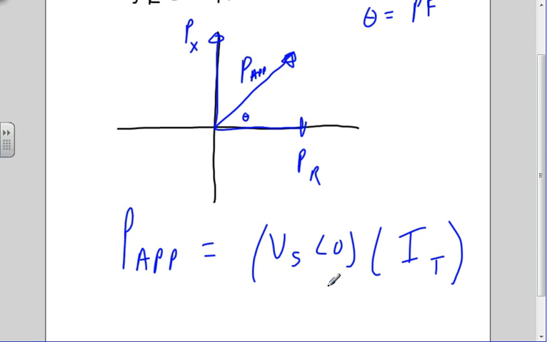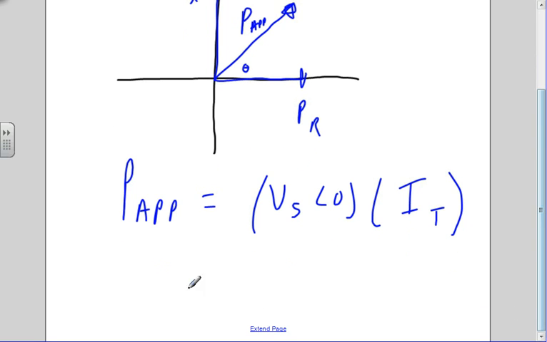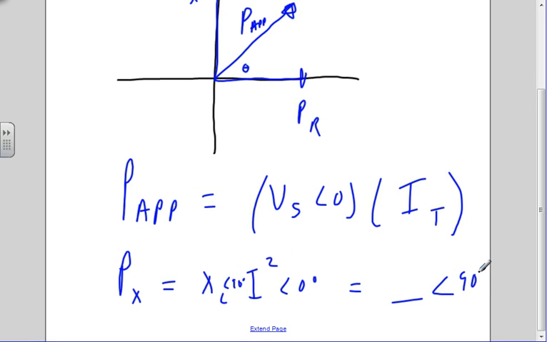That should be an X. So the inductive power is going to be X of L times the current squared. This is going to be at 0 degrees, this is going to be at 90 degrees. This is going to be some power at angle 90 degrees, whatever it is.